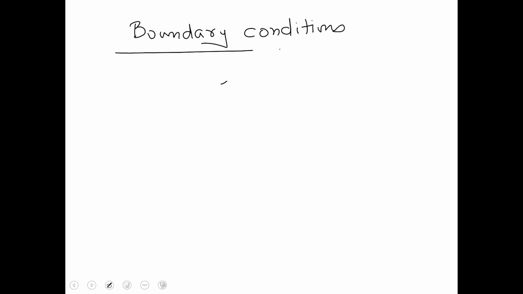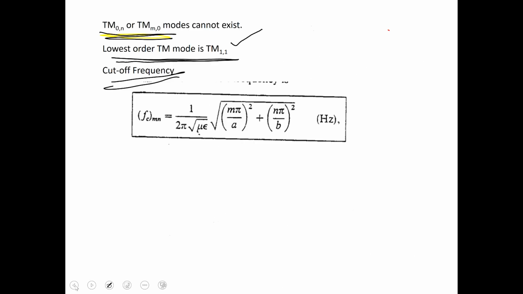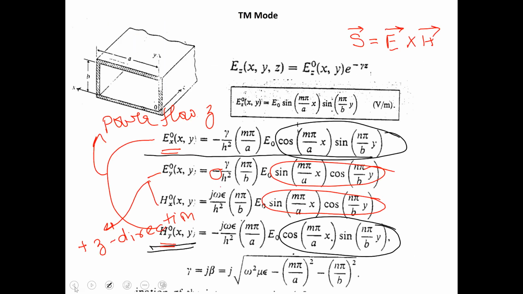Now comes the question, what are the boundary conditions? And this is where we have to think a little. Remember, for TM mode, life was quite easy. Why?